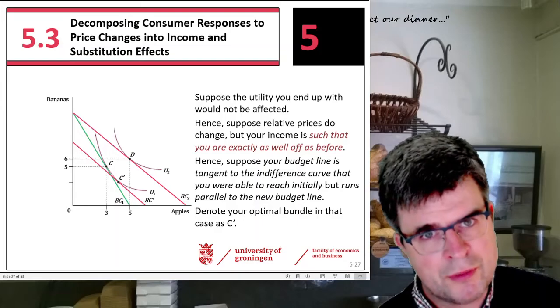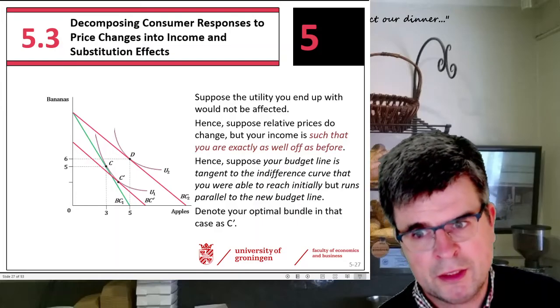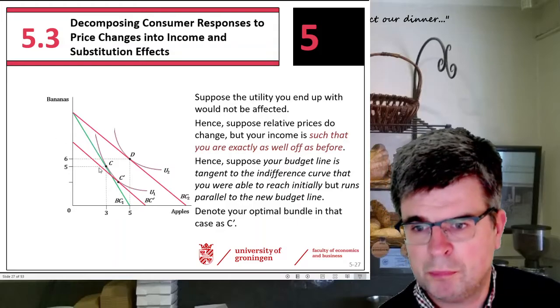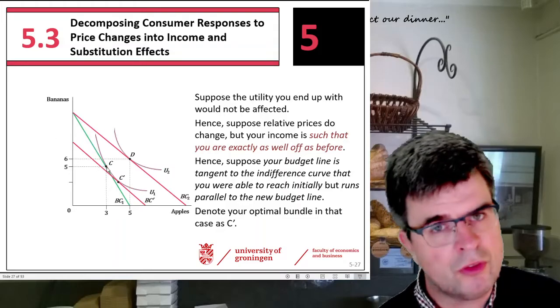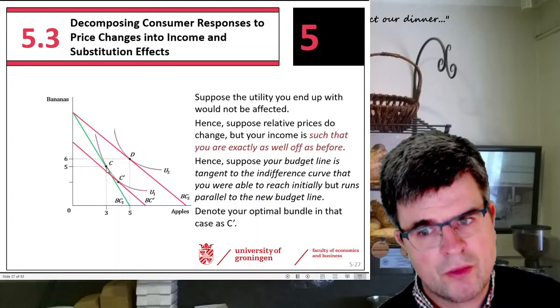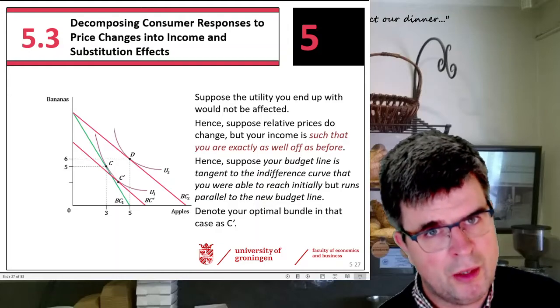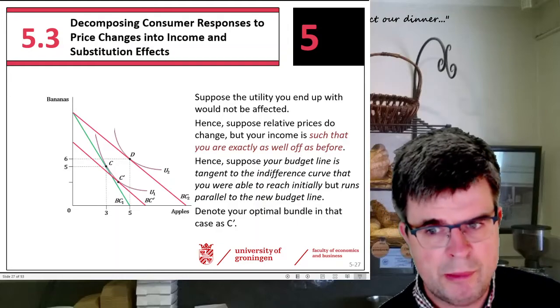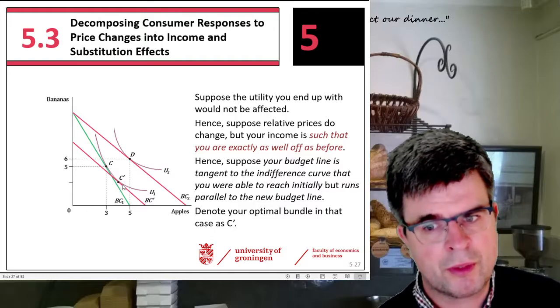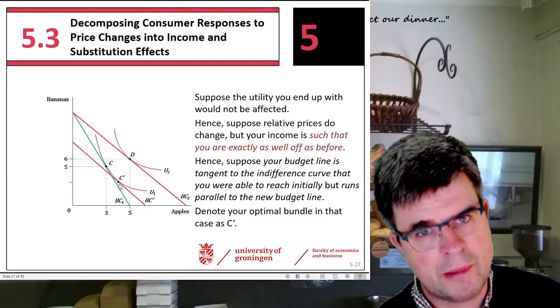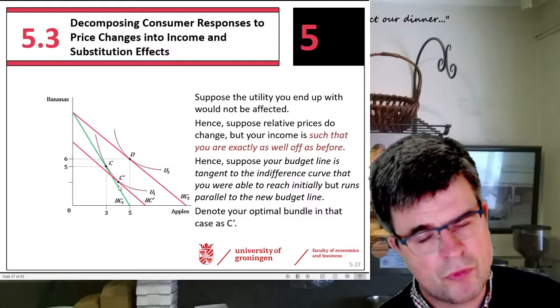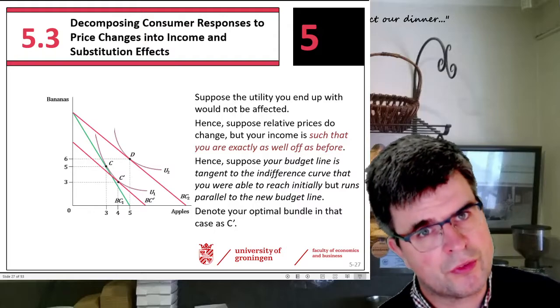Given the new price ratio, given that apples have become relatively cheaper than bananas, we do shift our consumption bundle. Our optimal consumption used to contain 3 apples and 5 bananas, but now apples have become relatively cheaper, and as a consequence, we're going to consume a new bundle C prime, which contains 4 apples and only 3 bananas.